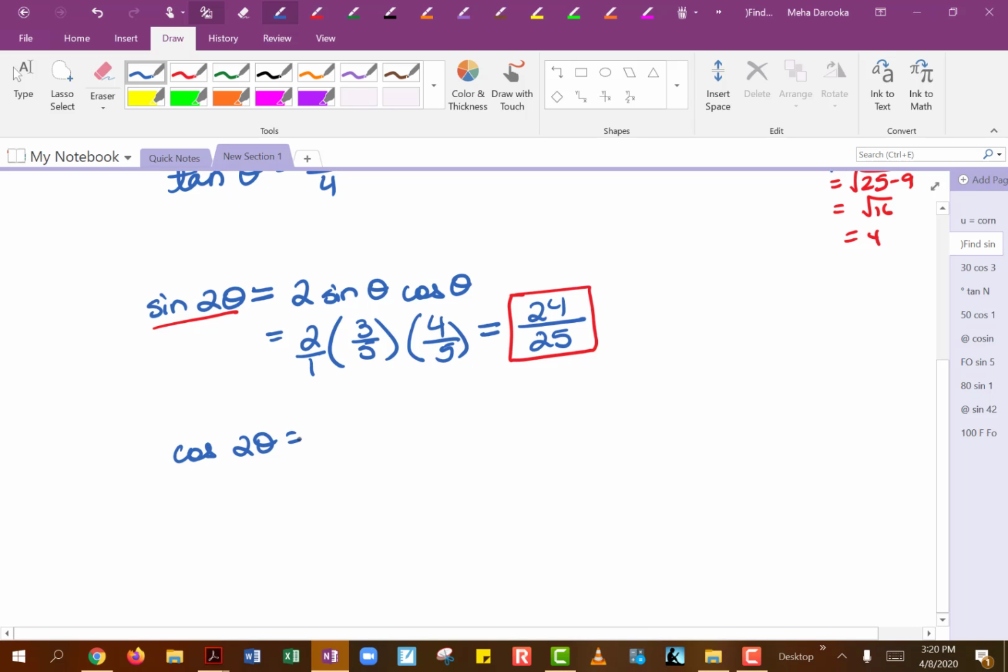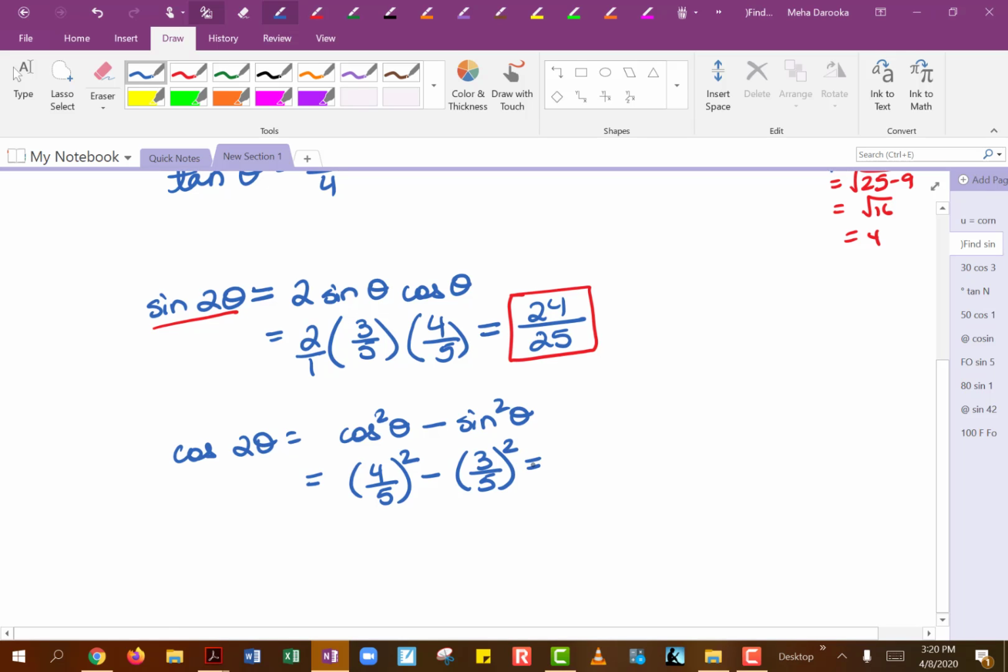For cosine of 2 theta, again, it's really up to you which formula you want to use for the cosine function, but I think I'm actually going to use cosine squared of theta minus sine squared of theta, and you can use any of the other definitions also. They should all work equally well. So again, we know cosine of theta is 4/5, so that's going to be 4/5 to the second power, minus sine of theta is 3/5, so that's going to be 3/5 to the second power.